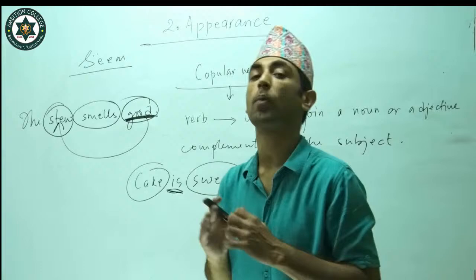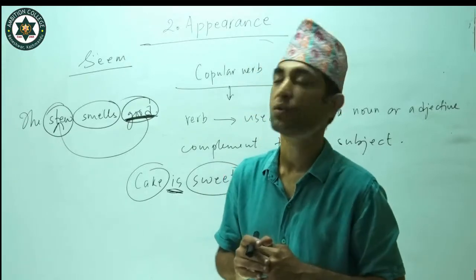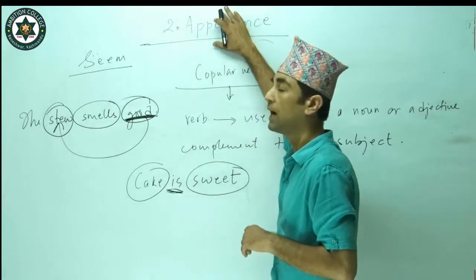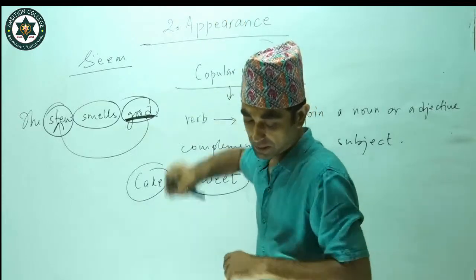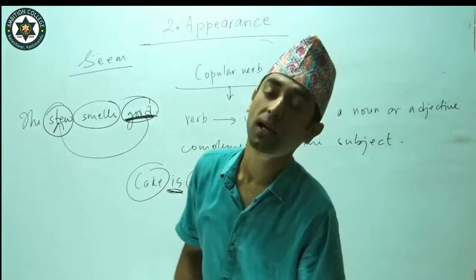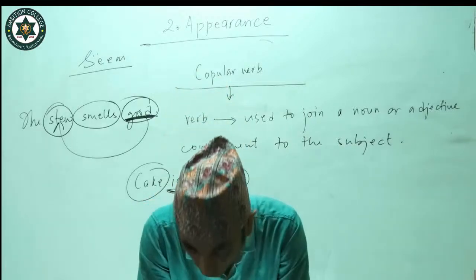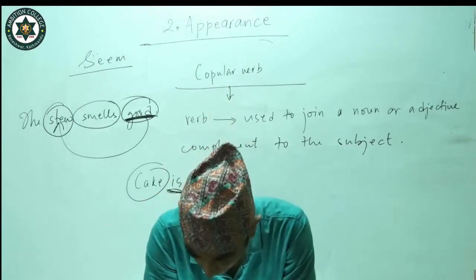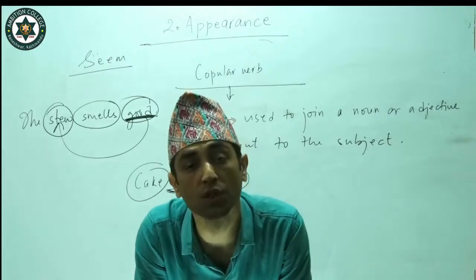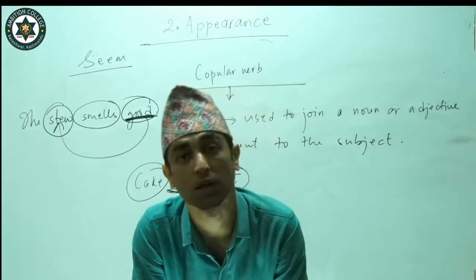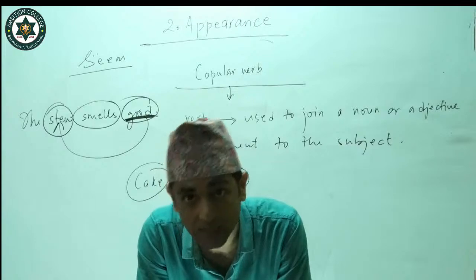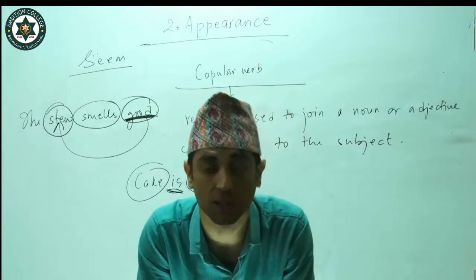These copular verbs are used to talk about appearances. They indicate that the subject and the complement denote the same thing.